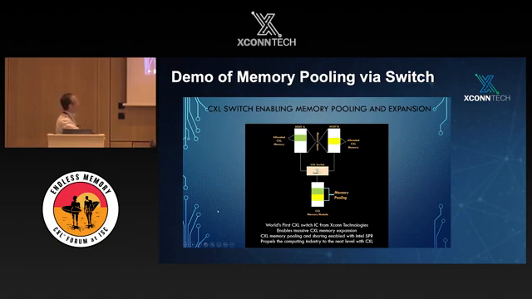So this diagram shows there are two hosts, host A and host B, and these two hosts have allocated HDM, which is going to use the CXL memory. These two segments of HDM, through our switch, actually map to a CXL device. So both these hosts would be able to share this one single memory device.